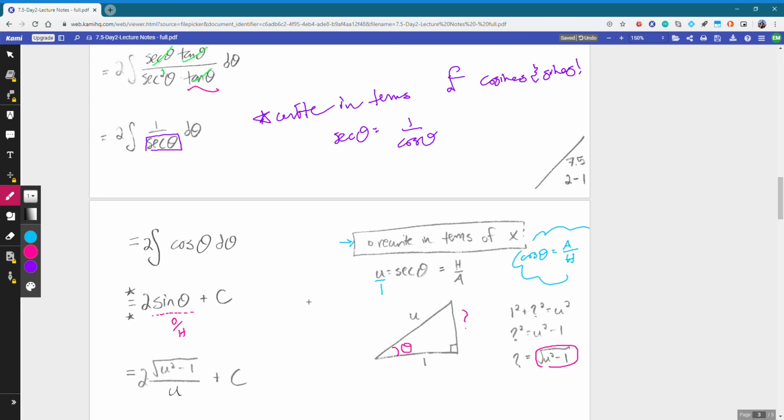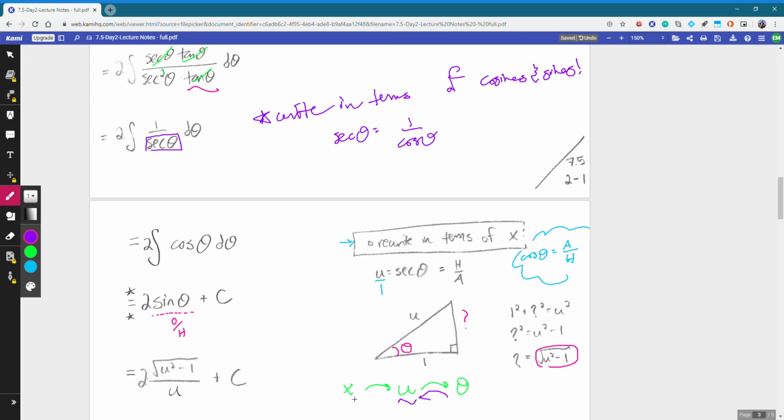If we remember the timeline of our substitutions, we started off in terms of x, then we did a u sub, got things in terms of u, and then with our trig substitution, got things in terms of theta. Here we're back now in terms of u.